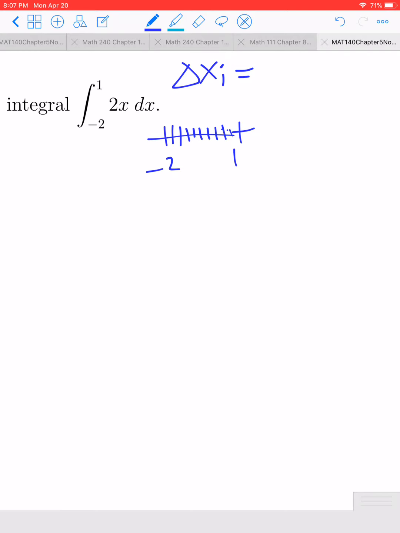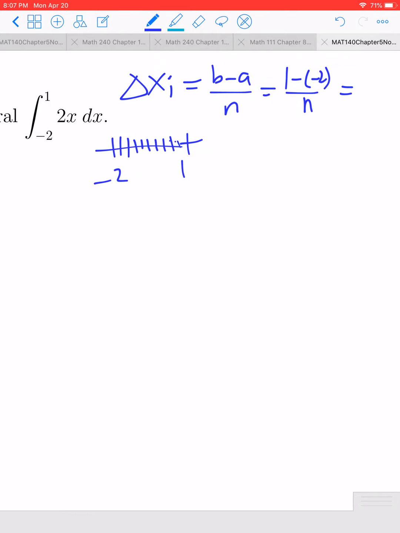The width of the interval is b minus a divided by n. Whenever you use equal subintervals, that is going to be 1 minus negative 2 divided by n, which is 3 over n. So for us, delta x_i is going to be 3 over n.